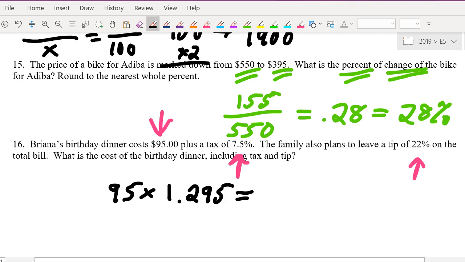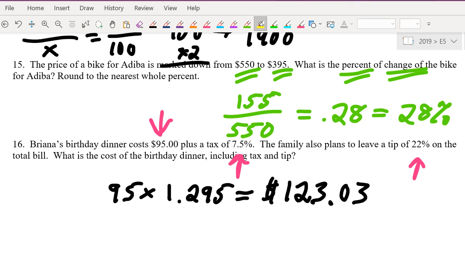Kyle, can you explain to the YouTube community what you did there and how that makes sense? Go ahead, Kyle. I multiplied it by 1.295 because you're adding a percent to the original amount. Since you're adding to it, he has the 1 point.